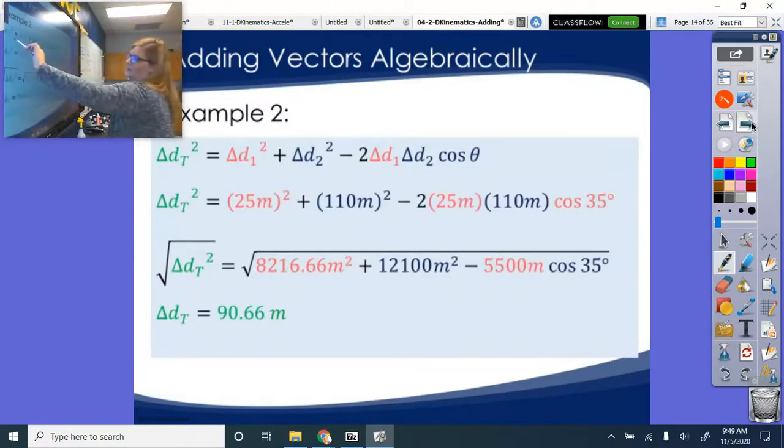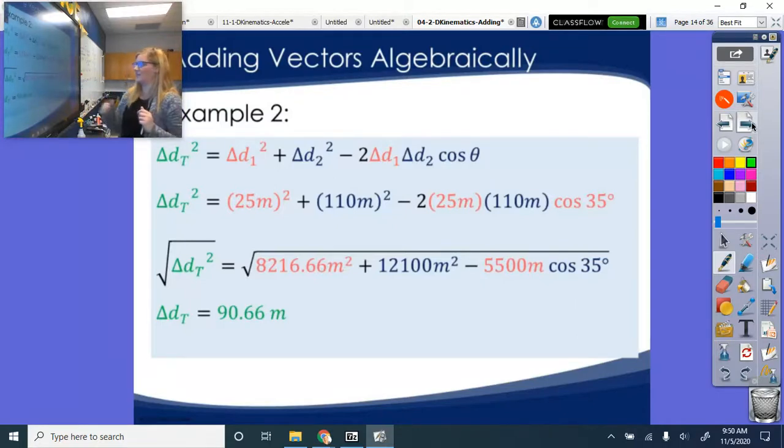So my resultant magnitude squared equals my first magnitude squared plus my second magnitude squared, minus 2 times magnitude 1, magnitude 2, times the cosine of theta, which is opposite the missing side.